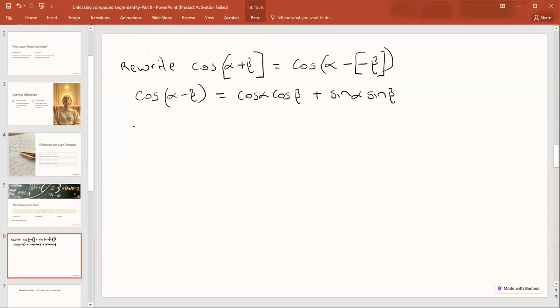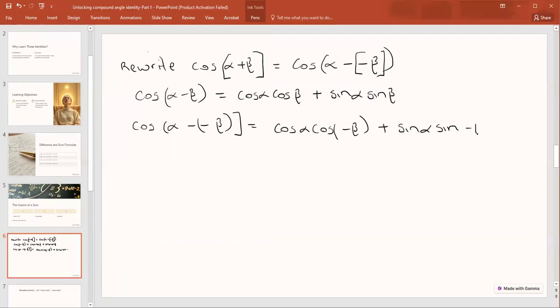So, having proven that, we now rewrite the cosine of alpha minus beta as cosine of alpha times cosine of minus beta plus sine of alpha times sine of minus beta.